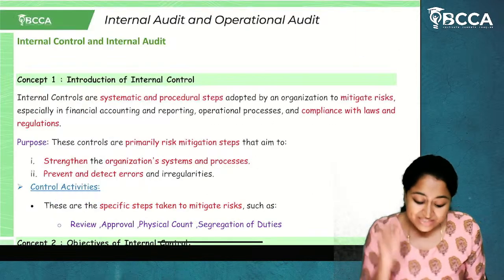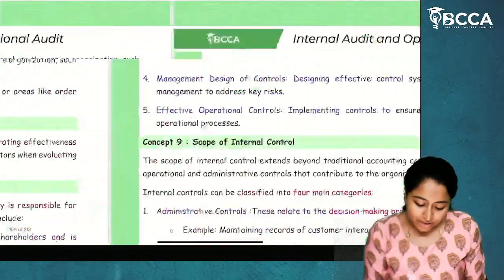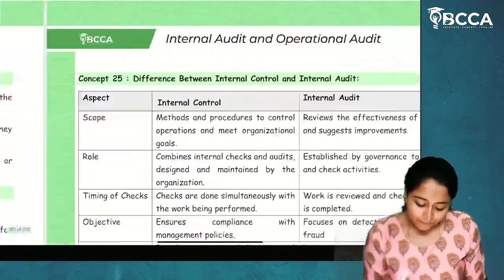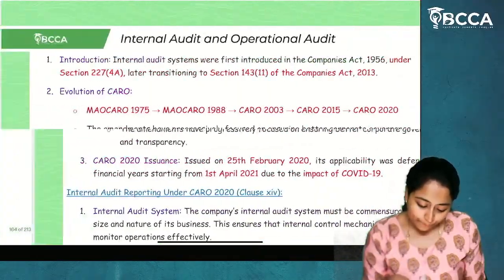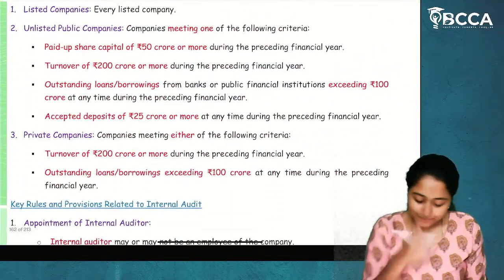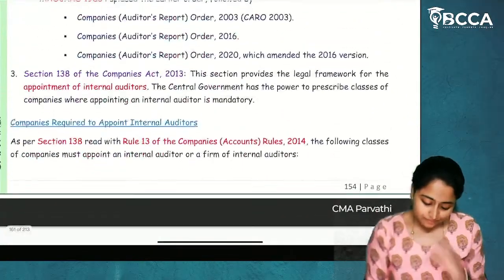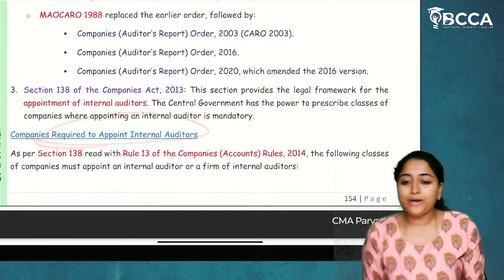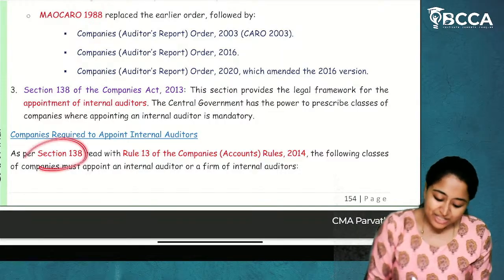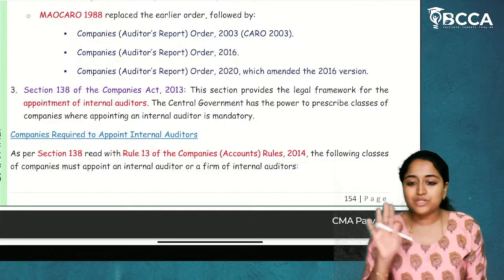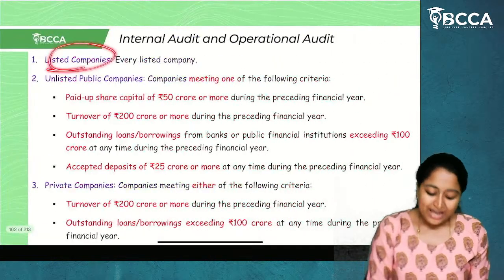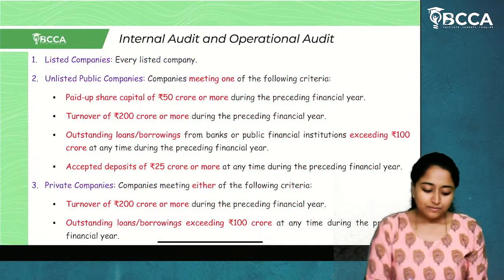So now we will see the provision for internal audit under Companies Act 2013. This you already have in your law. See, the company is required to appoint an internal auditor as per section 138, read with rule 13 of the Companies (Accounts) Rules 2014: every listed company.